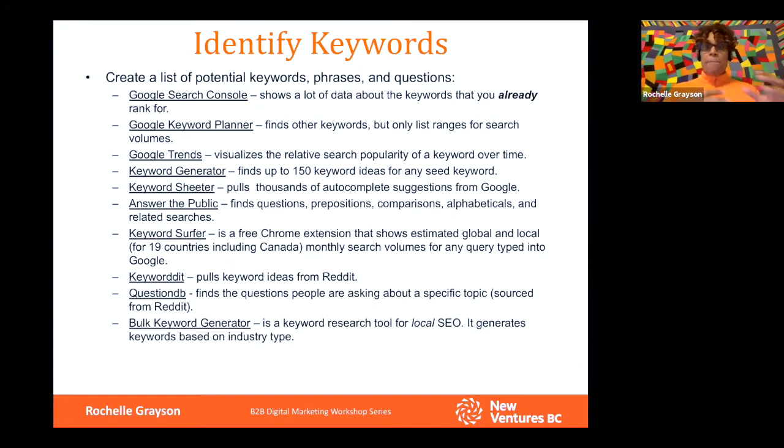Keyword Planner may find other keywords. The one downside is that when it talks about search volumes, it often now only gives you ranges. It used to give you specific numbers. Now it gives you a range, so 10K to 25K, but it still will give you a sense of some really good keywords. Google Trends will visualize a keyword over time.